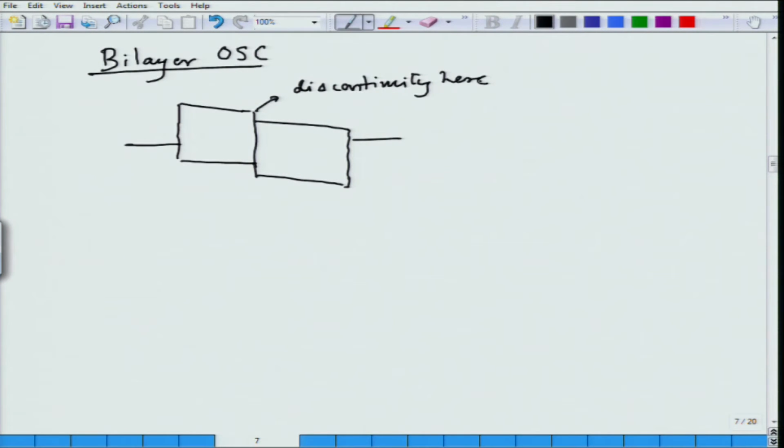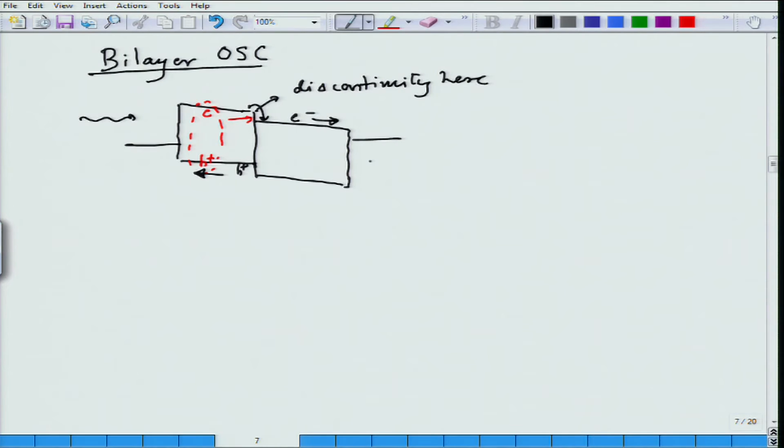The advantage of this is that when the light is absorbed by the semiconductor, and if an exciton is created here, and if it diffuses in this direction, it gets dissociated at this discontinuity, and then the electron is collected here, and the holes at this point are collected on the opposite electrode.